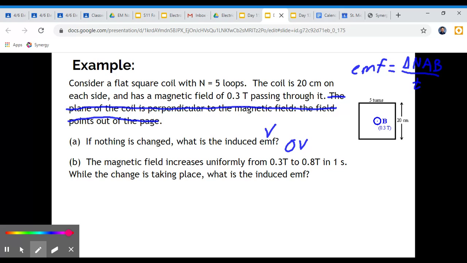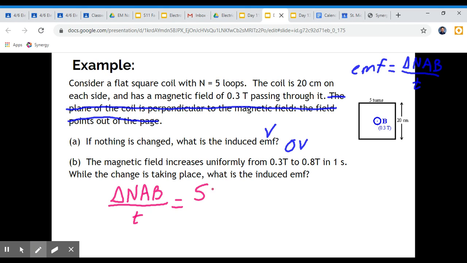So using that same equation, now I can say my change in coils, area, and magnetic field divided by time, that is going to be equal to, we have 5 turns, and then we're going to multiply that by my area. Now keep in mind, we're not given area, so you need to be able to solve for the area of whatever it is you're given.